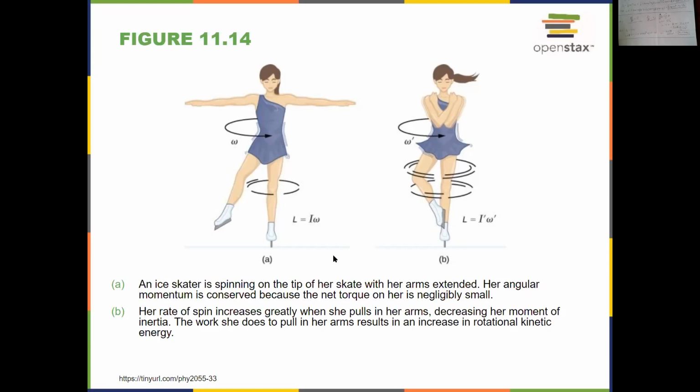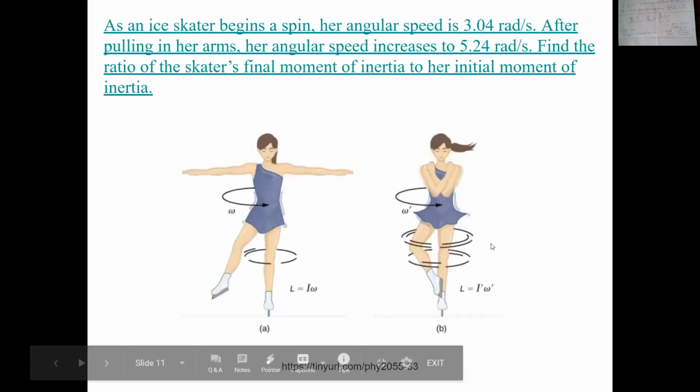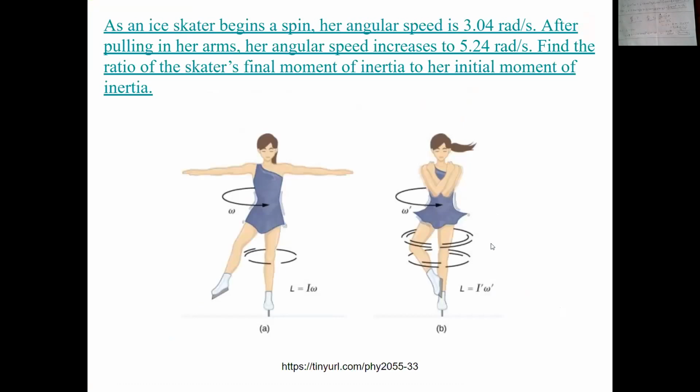Okay, let's take a look at this example. As an ice skater begins a spin, her angular speed is about 3.04 radians per second. After pulling in her arms, her angular speed increases to 5.24 radians per second. Find the ratio of the skater's final moment of inertia to her initial moment of inertia.